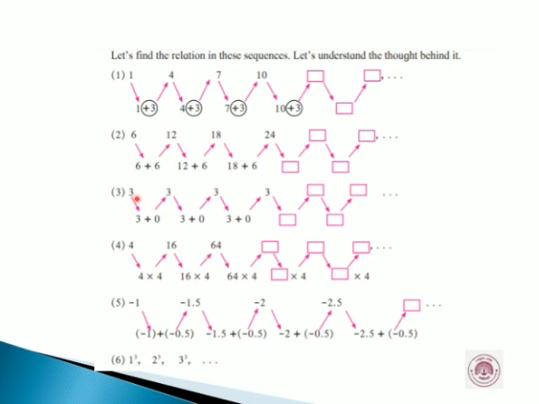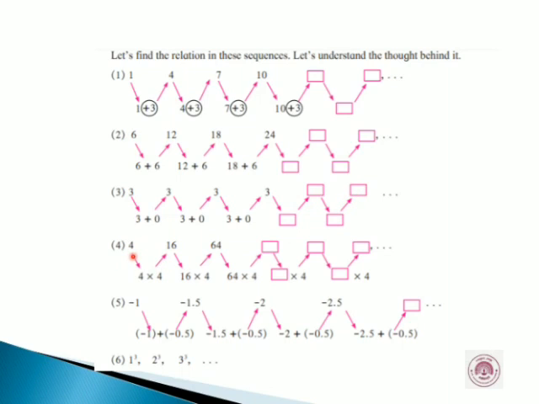Next sequence is 3, 3, 3, etc. So each term is obtained by adding 0 to the previous term, because here all the terms of the sequence are equal.